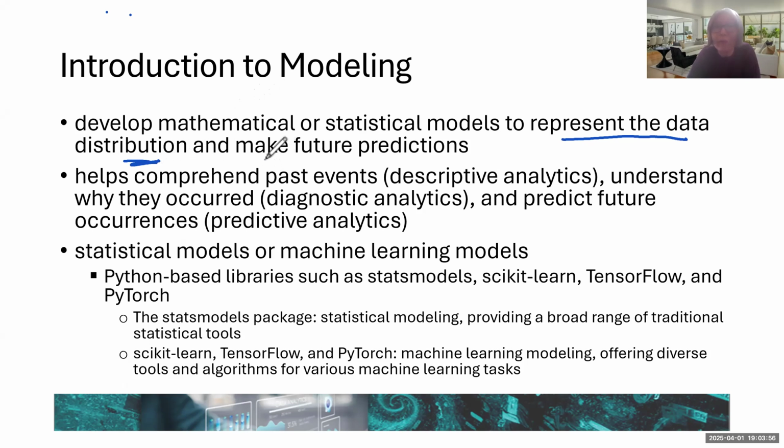And because you have a model created, then for a new data point, you can also make a prediction. Okay, so that's one of the major goals of modeling: you train the model and then you do the prediction.